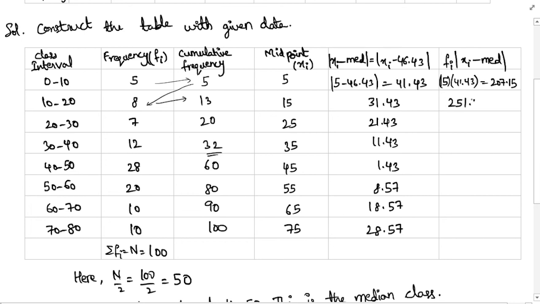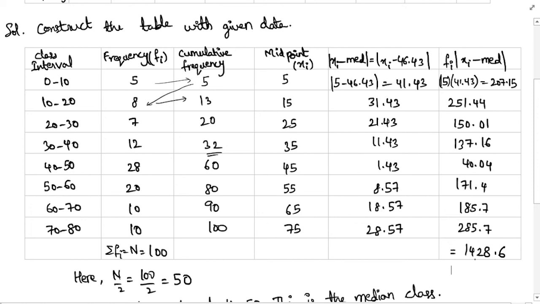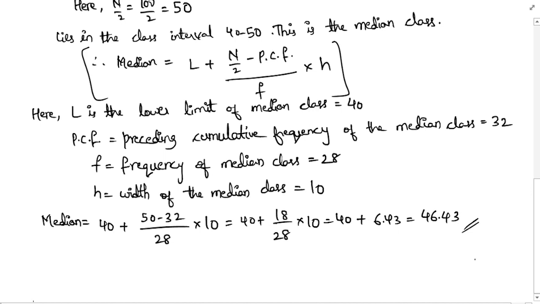Here it will be 251.44, 150.01, 137.16, 40.04, 171.4, 185.7, 285.7. Now the summation of these will be equal to 1428.6.